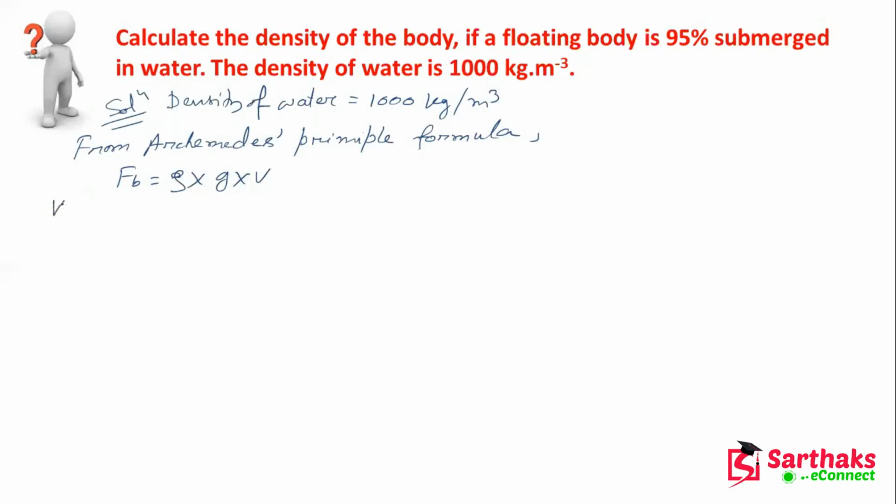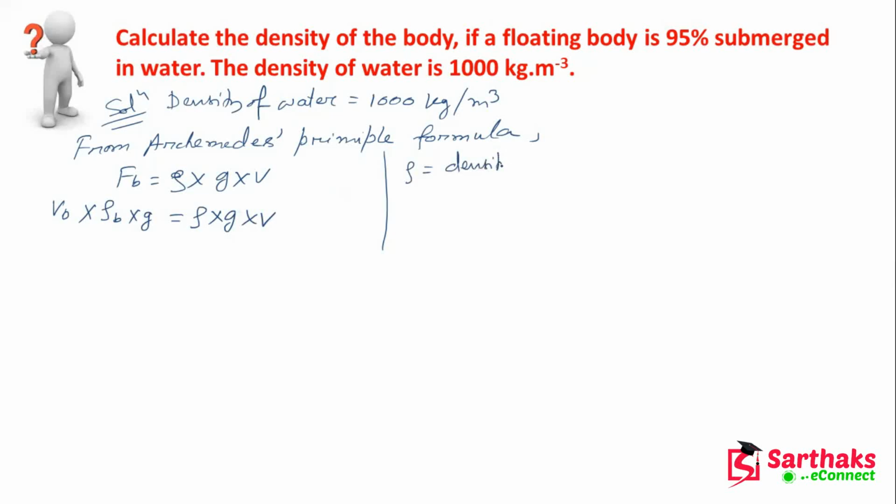So here VB rho B into G, that equals to rho into G into V, where here I am writing all this parameter.